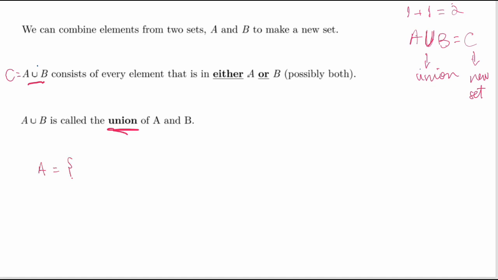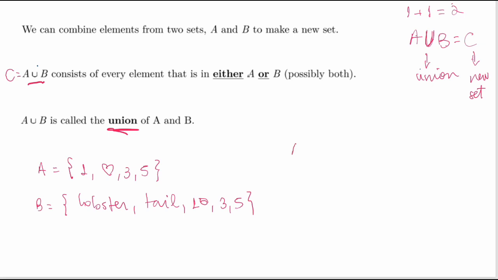So let's say that you have a set A that is 1, heart, 3, and 5, okay? And let's say that you have a B that is lobster, tail, 10, 3, and 5. So when I'm doing A union B, I'm making a mathematical operation.